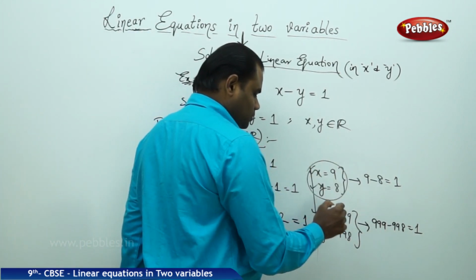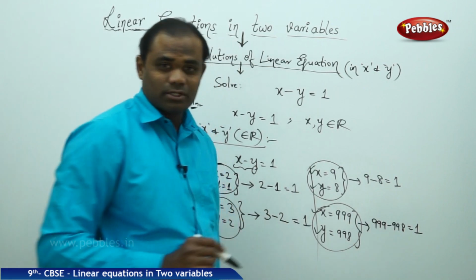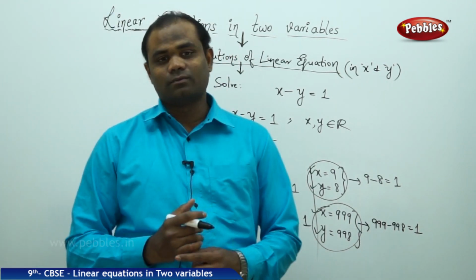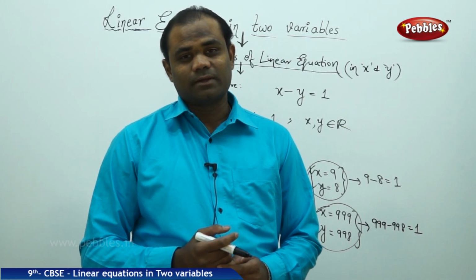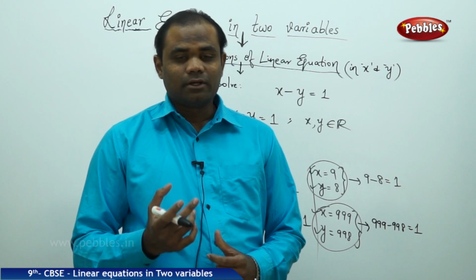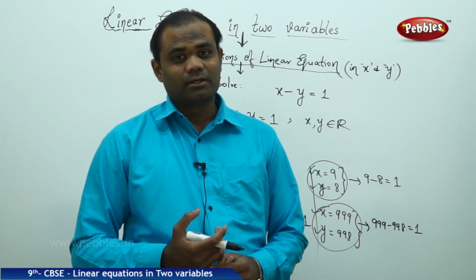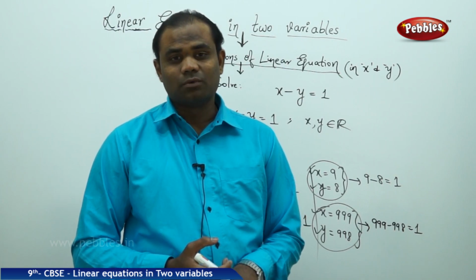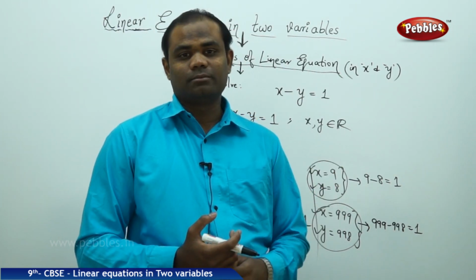This is also a solution, and this is also a solution for the linear equation x minus y equal to 1 in two variables x and y. So what do we understand? For a linear equation in two variables x and y, there are infinitely many solutions, is how we conclude with the given problem.